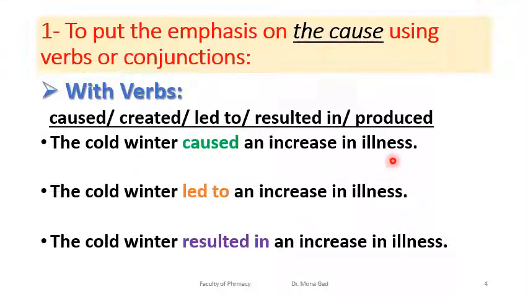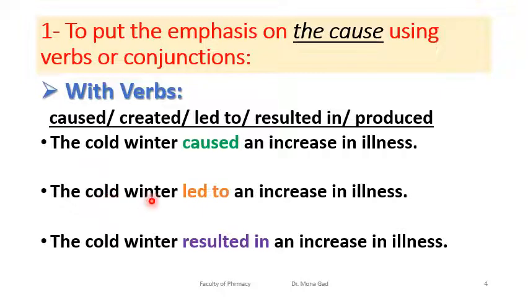So here, if you notice, we put the emphasis on the cold winter, which is the cause. So, to put the emphasis on the cause, we may use verbs or conjunctions. Let's start with the verbs. The cold winter caused an increase in illness. You may rewrite the same example using led to.